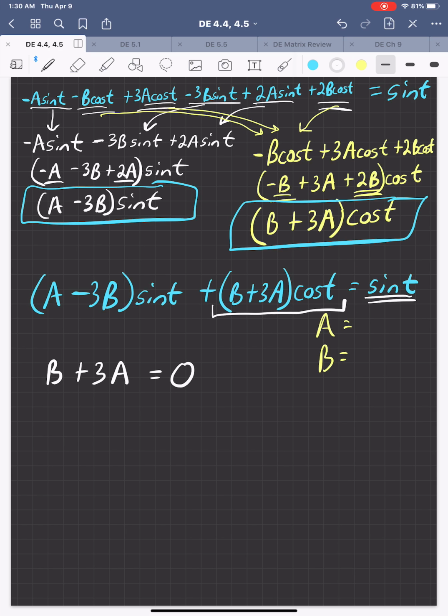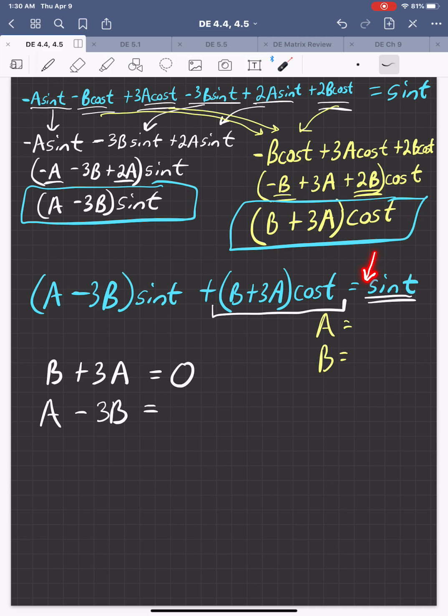And then I have a minus 3b. What would I want that to equal? Look at me real quick. What is the coefficient that's attached to this sine variable?